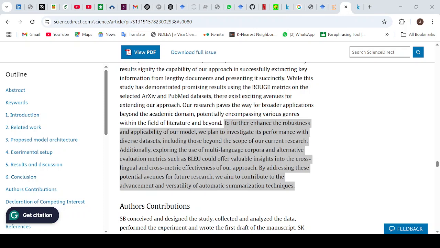You can also incorporate multi-language corpora, that is, collect or create data sets that contain multiple languages to assess the model's ability to handle different languages. So for an undergraduate project, you can just choose one objective and try to expand it.